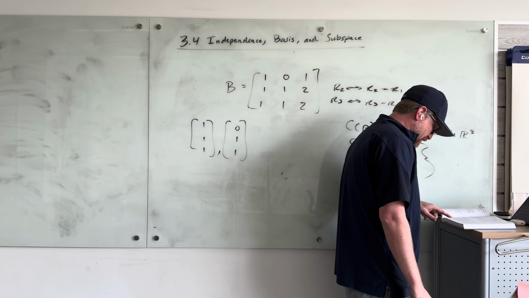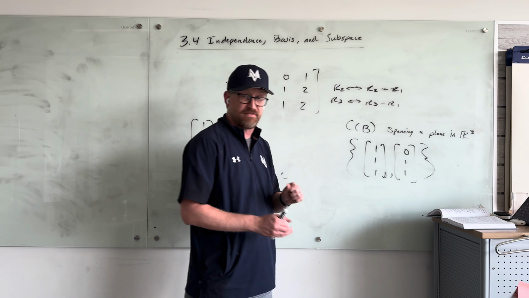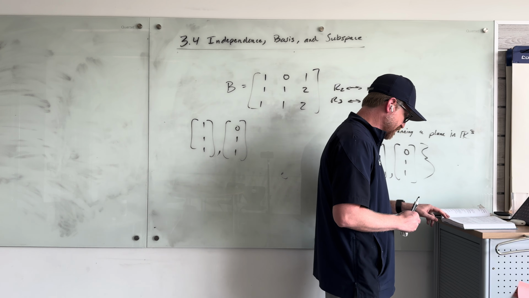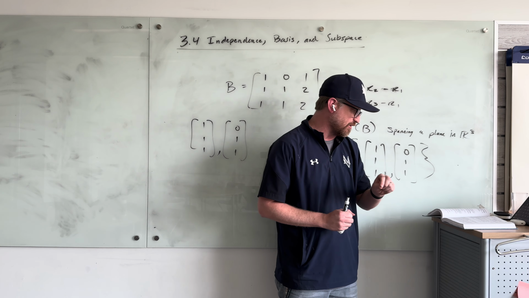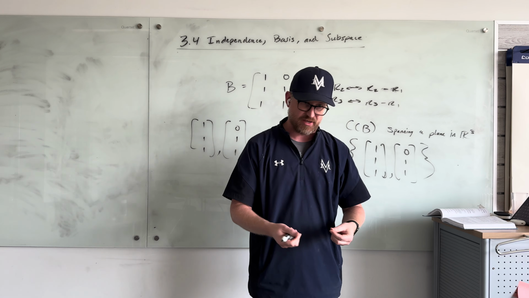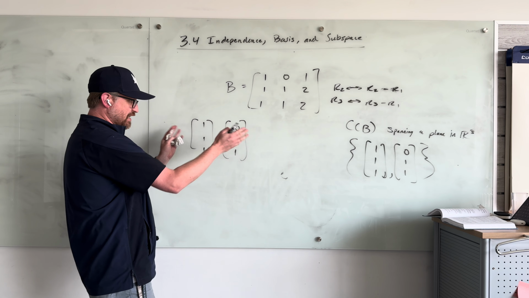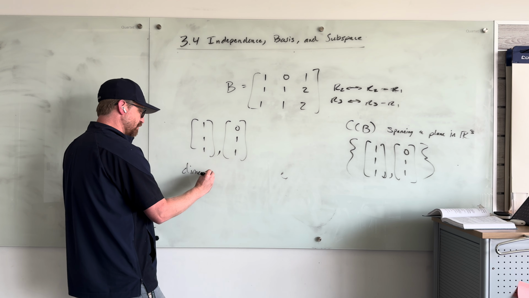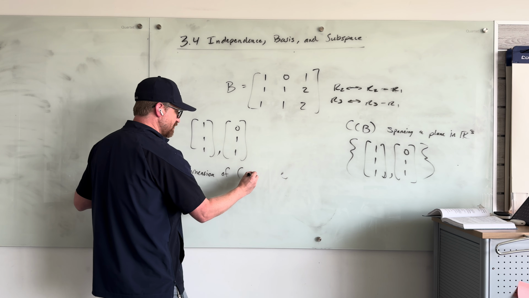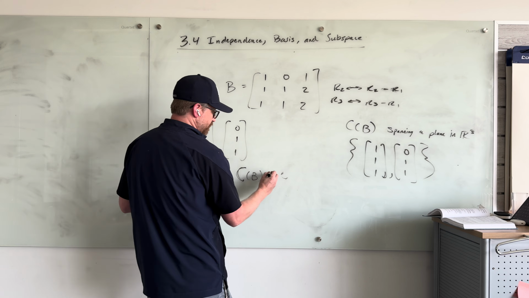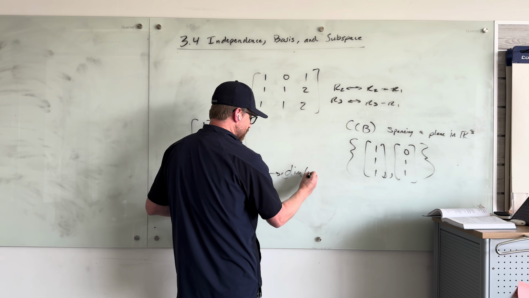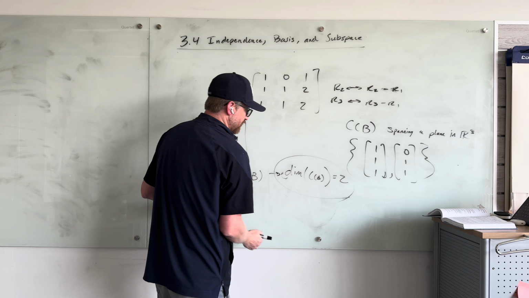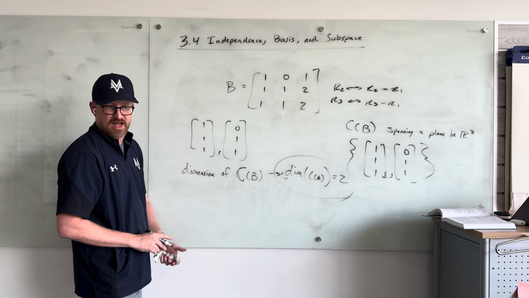So the biggest thing, the final thing, the last thing at the bottom of 119 and the end of this video: the number of vectors in any and every basis is the dimension of that space. In this example, if I wanted to talk about the dimension of the column space of B, the dimension of the column space of B is equal to 2. It's the number of vectors we have in that basis.